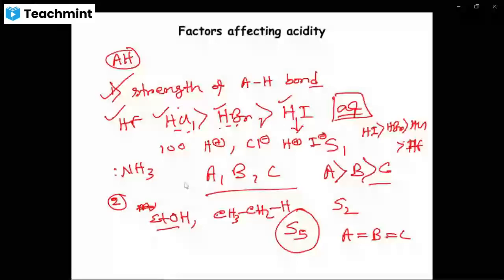Which hydrogen will be, and why, if you consider the... yeah.